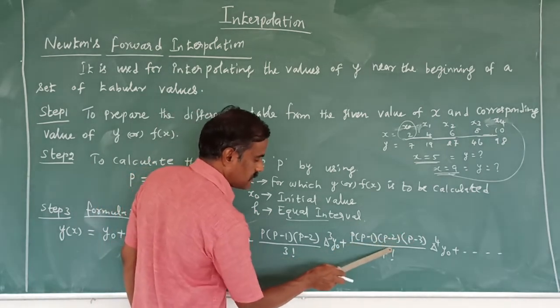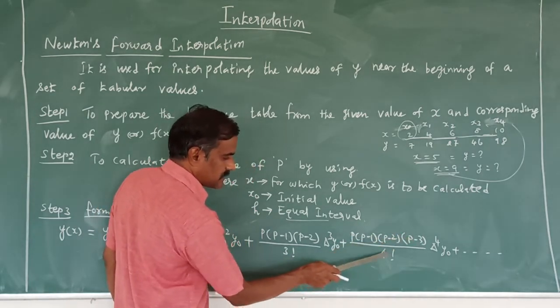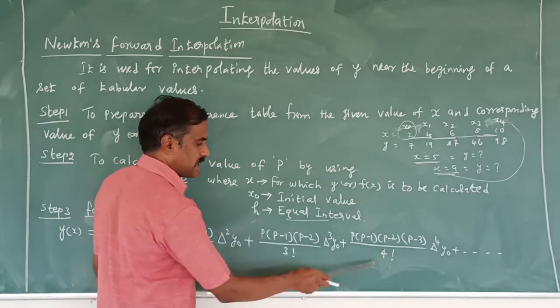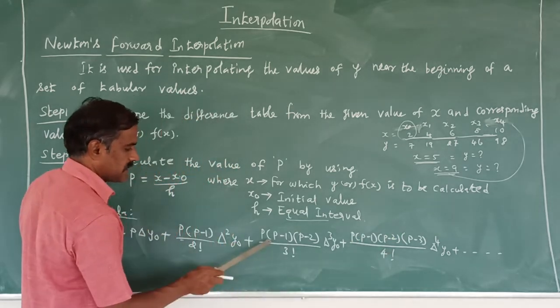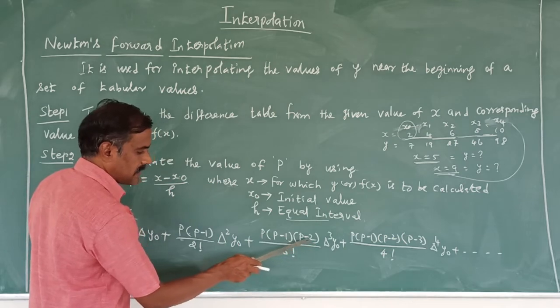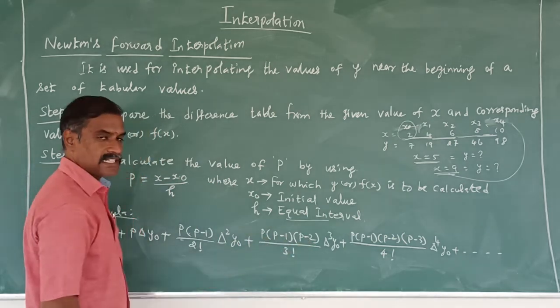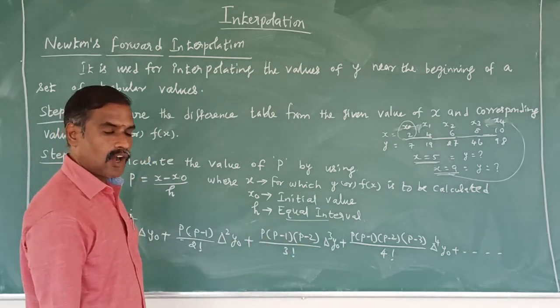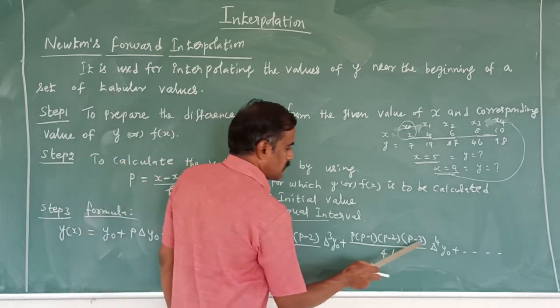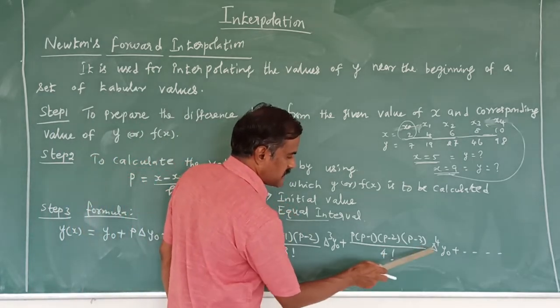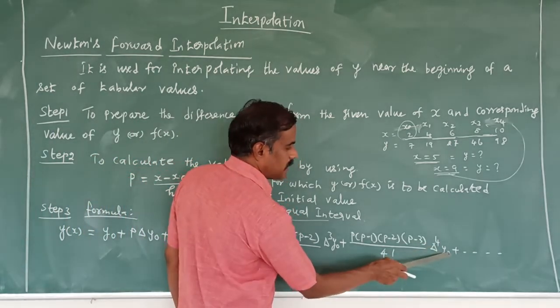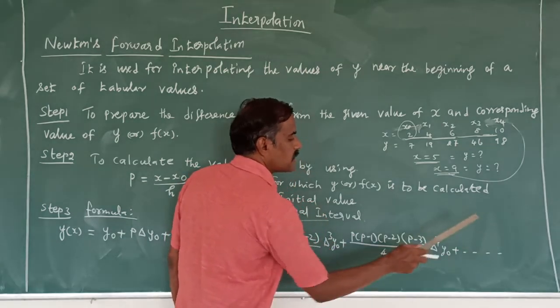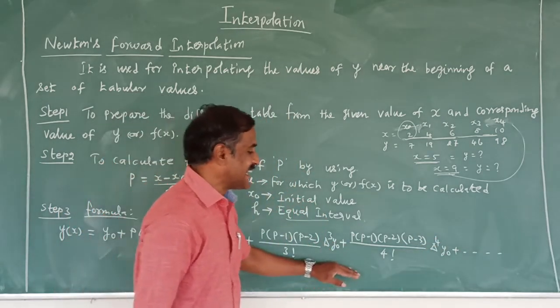There are 4 elements, so below we have to write 4 factorial. Here with 3 terms, below we write 3 factorial. The 4 factorial goes with delta power 4 y naught, plus so on.